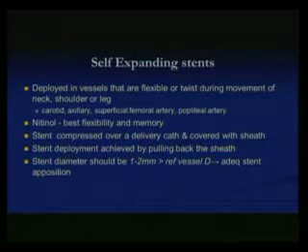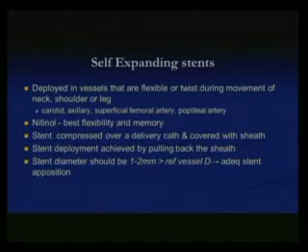Coming to the self-expandable stent, usually in the SFAs, where it's very flexible, twist during the movement, like neck, carotid, axillary, SFA, or popliteal artery. They have good flexibility and very good memory.